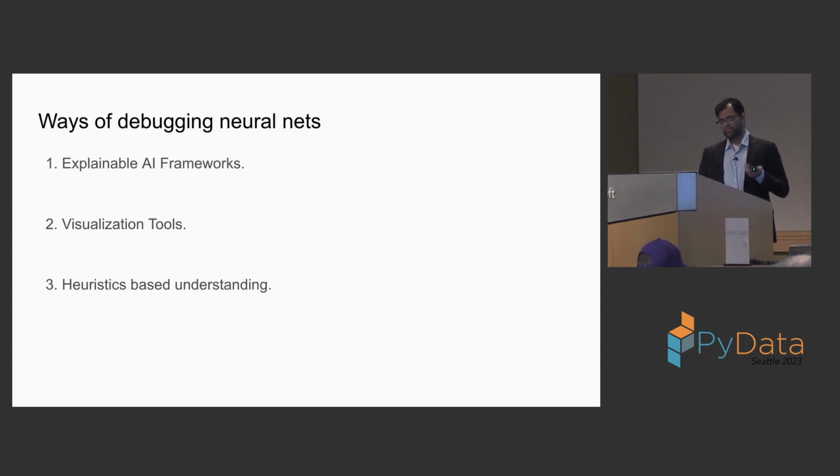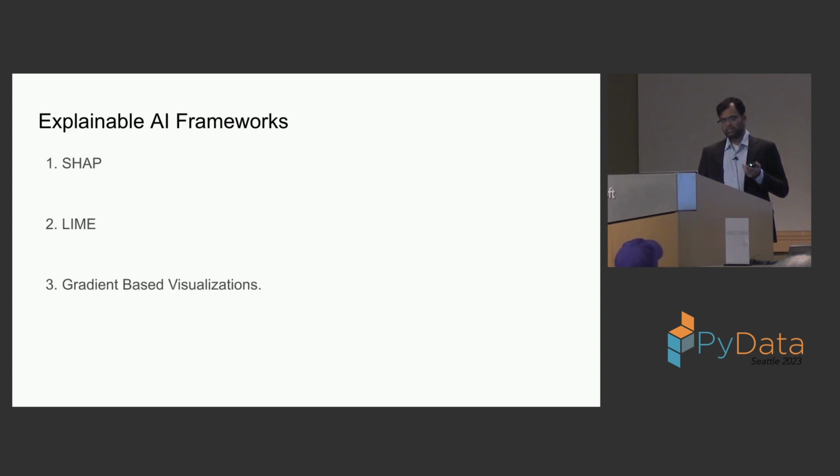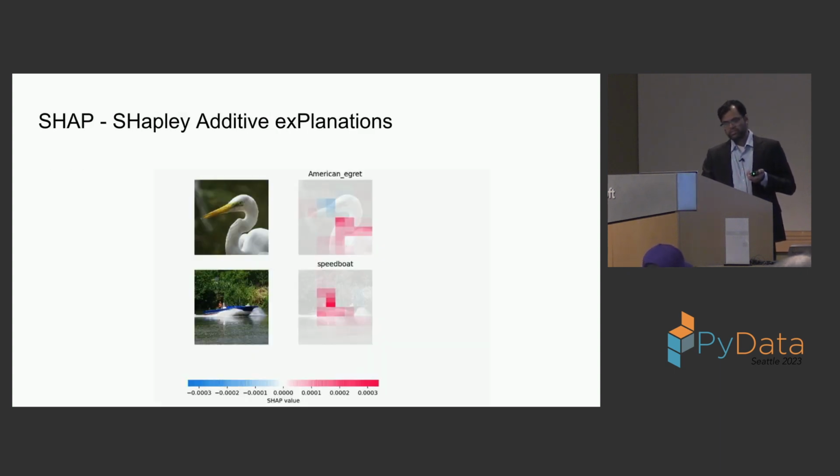Explainable frameworks, I can start with that. One is called SHAP, the other one is LIME, and the third one is gradient-based visualization. The first is called Shapley additive explanations. Here you can see an example of an American egret, right? And then you have an example of a speedboat.